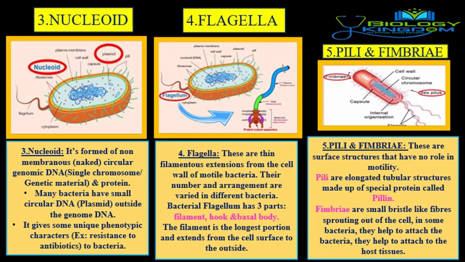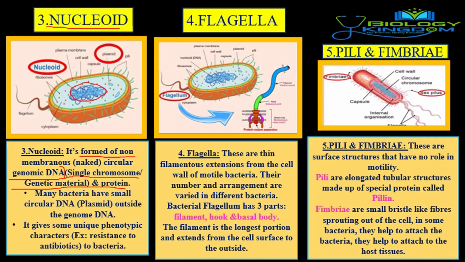Now moving on to the next cell organelle, we have the nucleoid. The nucleoid is our DNA, which has many foldings, especially in naked and non-membranous form, having genomic DNA with a single chromosome as the genetic material, and protein.